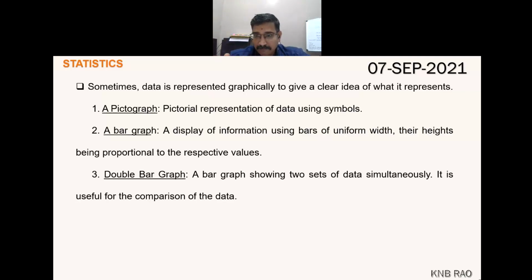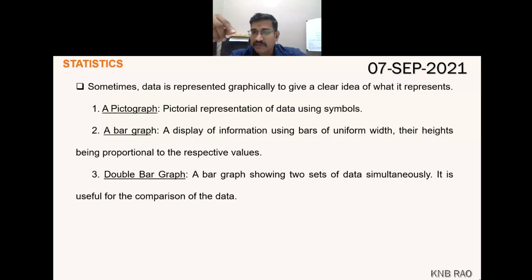So two bars will come per student with a gap, where bars of both maths and science are of uniform width, and gaps are also of the same size. So it is a bar graph showing two sets of data simultaneously, which means at a time.